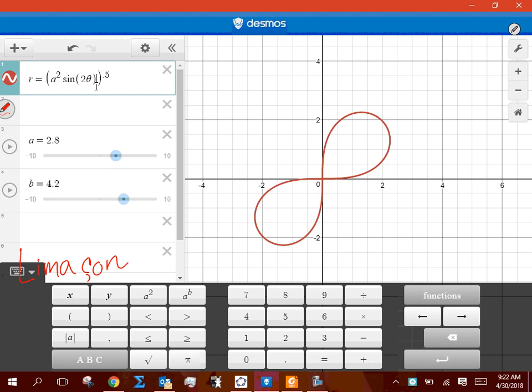If I were to put this into x's and y's, that thing is going to be a mess. And that ends up being the benefit of polar graphing, that it allows us to work with equations in a simpler version.